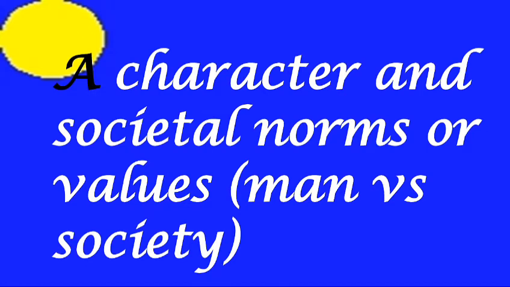Then there's also the conflict between a character and societal norms or values. Man against society. The society represents something that the main character has a problem with. He or she tries to fight against it.